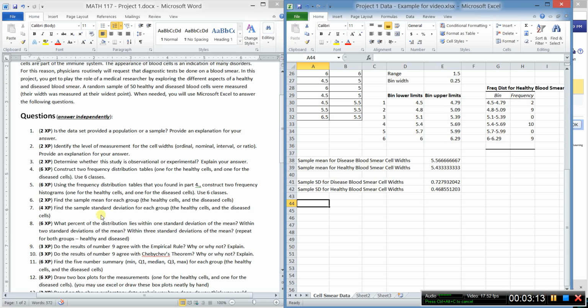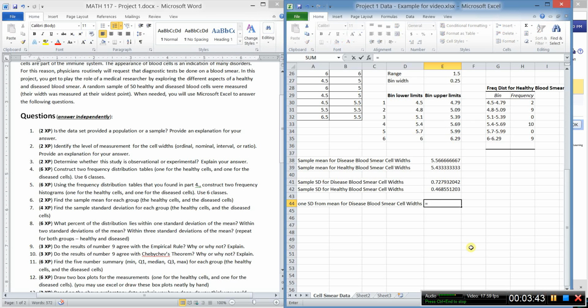What percentage of the distribution lies within one standard deviation of the mean? To do that, first you need to figure out what is one standard deviation from the mean. So you could write 1 SD from mean for disease blood smear cell width.